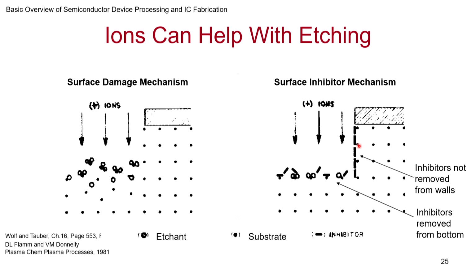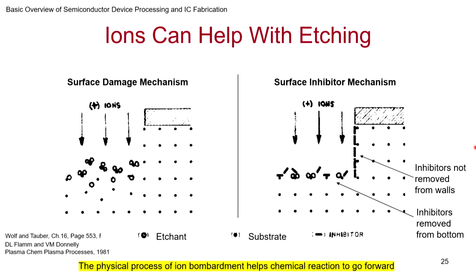Here you can see on the wall the inhibitors are present, so no reaction takes place on this side. So you can get a very anisotropic, very directional etch. Without having to use brute force bombardment of physical etching, you can get the anisotropy by using ion assisted etching, using chemistry as well. So the ion bombardment helps the chemical reaction to go forward.